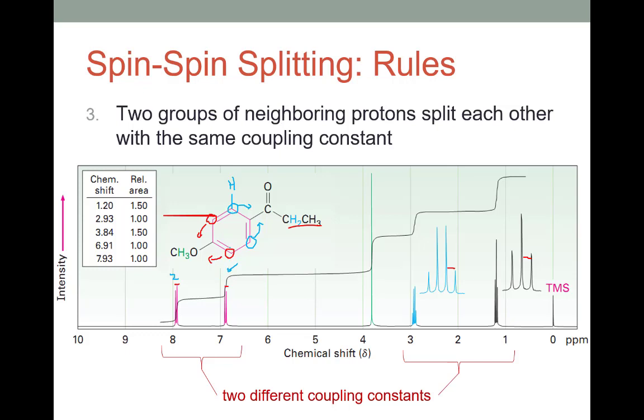The hydrogen at the bottom left corner has 1 neighbor to split it. They're being split into 2s. So the coupling constant lets us understand that, even if we didn't know these were an aromatic ring, the signal here at 8 is being split by whatever's giving the signal at 7, and vice versa. The signal over here at 3 is being split by the signal at 1 and vice versa.